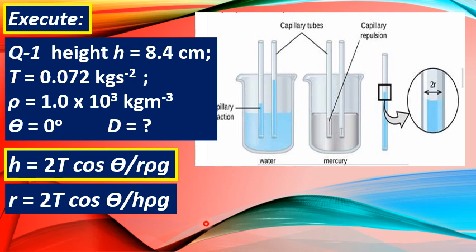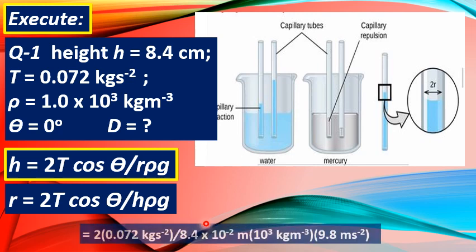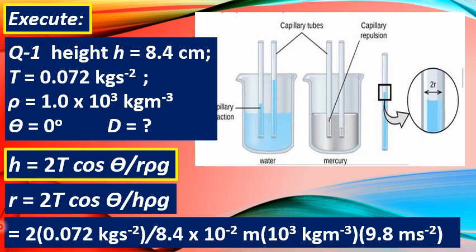So plugging in the given data, we have small r equals 2 times 0.072 kilogram per second squared, multiplied by cosine 0. And cosine 0, as everybody knows, is equal to 1, so that's understood to be 1. It's not written here anymore.